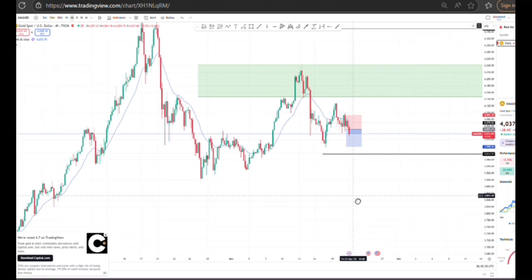The question is, how do we find the right entry to enter this trade, to be part of this trade? I don't know your strategy. You could be using break and retest, support and resistance, moving average, ICT, SMC, fair value gap, order block, blah blah.